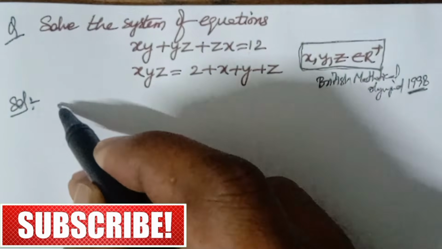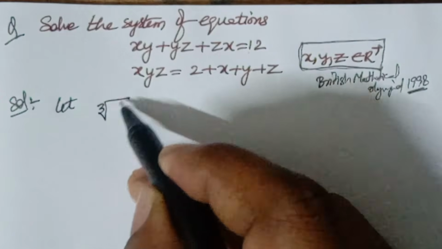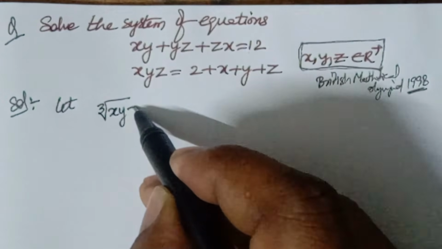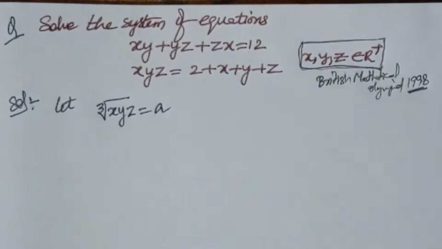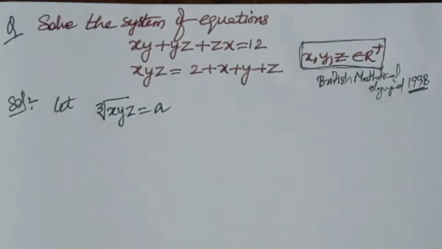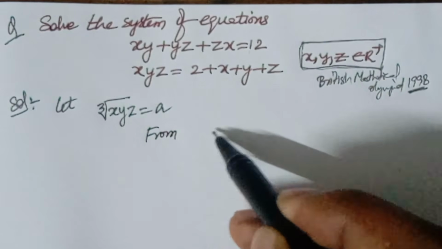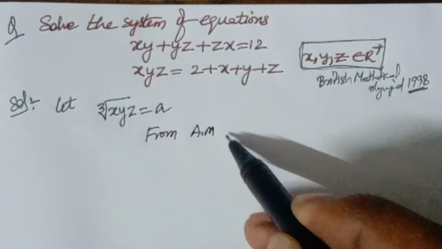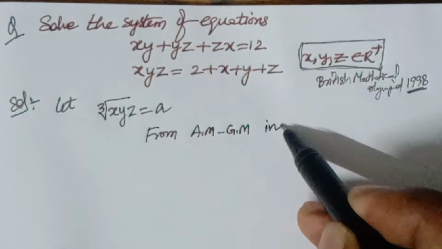So here we have the logic. Let the cube root of xyz be equal to a. From the AM-GM inequality you can do this problem easily.